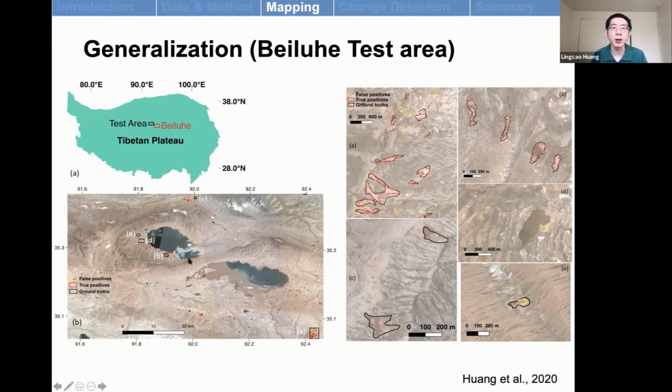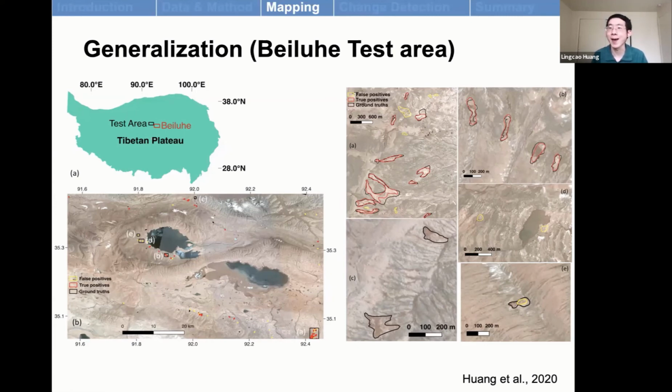This is a test area. In this test area, we can see the red ones. The algorithm identified many slumps in this region, and we can also see some false positives and false negatives, which the algorithm misidentified or missed.